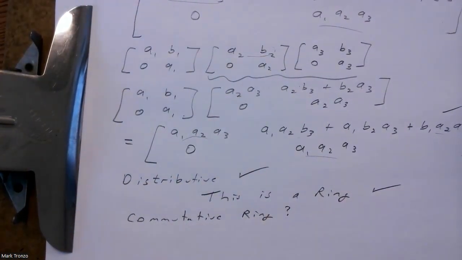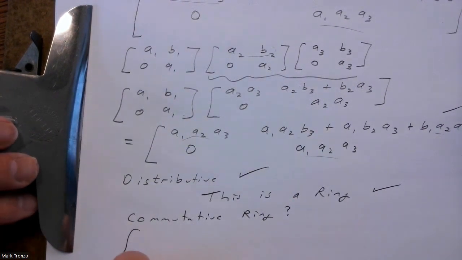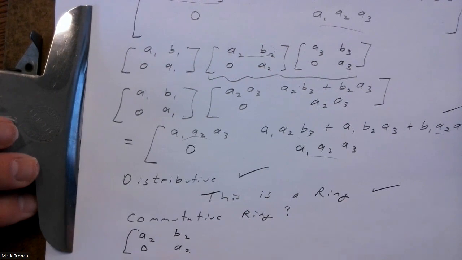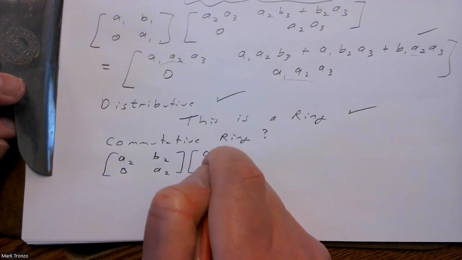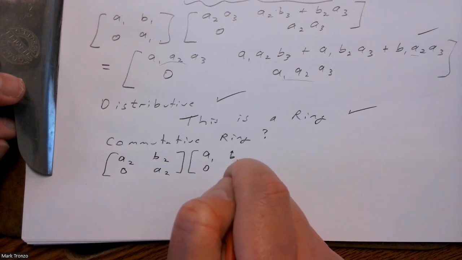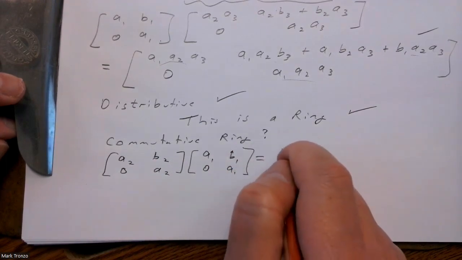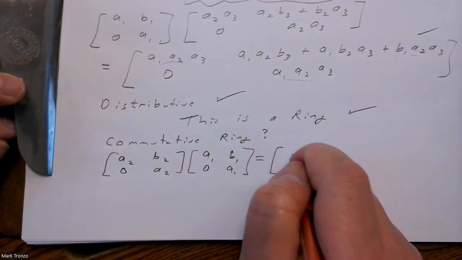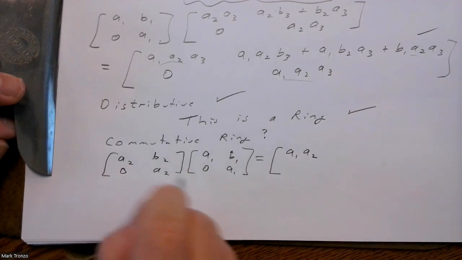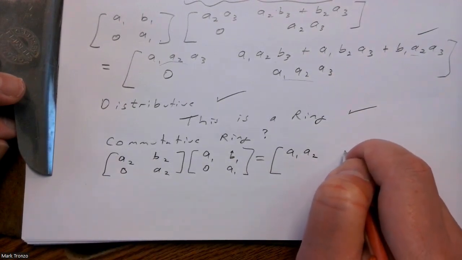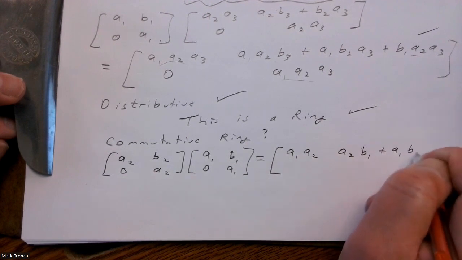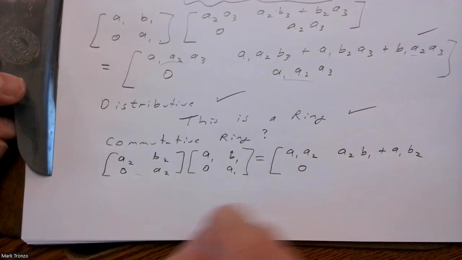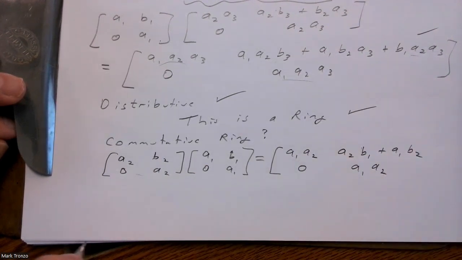So if we do [a2, b2; 0, a2] and then [a1, b1; 0, a1], this is going to be a1 a2 plus 0, then a2 b1 plus a1 b2, then 0, and a1 a2.